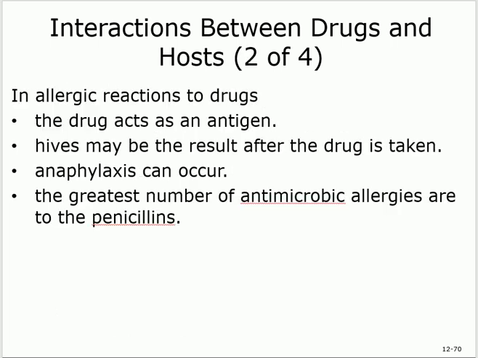can be nephrotoxic, and so on. If this is an allergic reaction, what's the most common antibiotic that has allergy? Penicillin. So if that's the case, penicillin will work as antigen. To be more specific, it's not a complete antigen, it's more of a hapten. Okay? But it will work as an antigen, and you are going to develop allergy. Allergy can be hives.